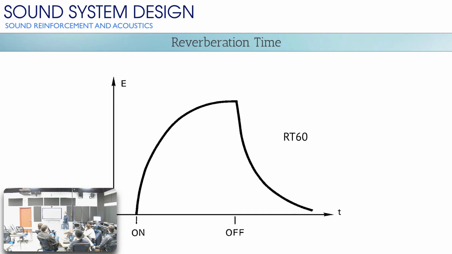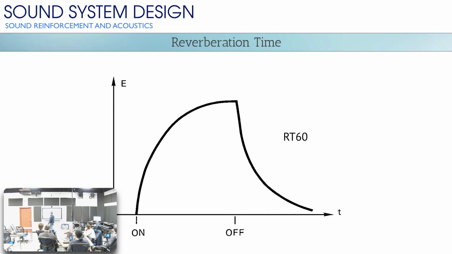Okay? And so when we talk about the reverberation time, that's how long it takes for that reflected sound to get to where we can't hear it anymore. If that's a really long amount of time, then that would be considered a very reverberant room. But if it's a very short amount of time, we would say that's a very non-reverberant room.